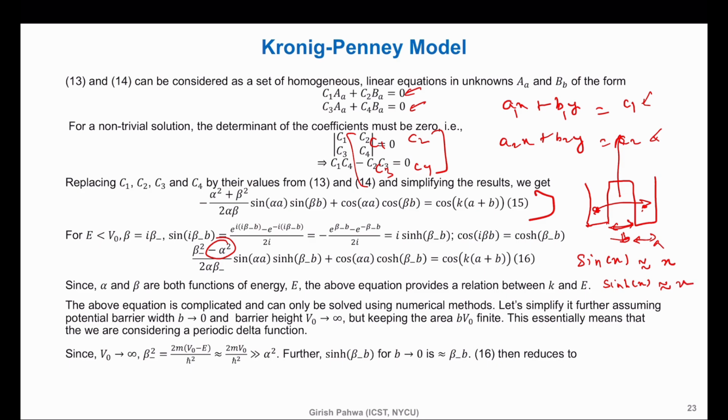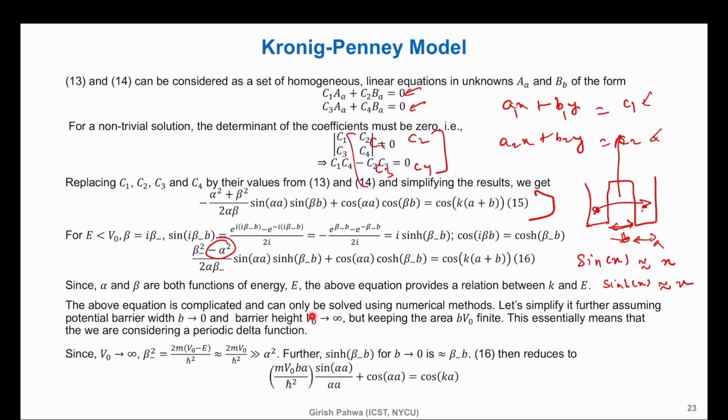You can determine it from the Taylor series, where higher order terms go away. So you can replace this with beta minus b, and then beta minus cancels. This will be the b, and beta minus square is this term, right? So eventually you will get this.